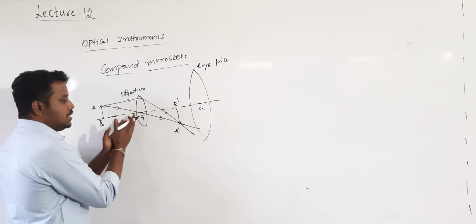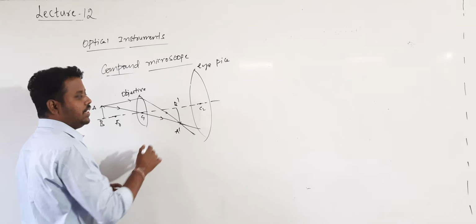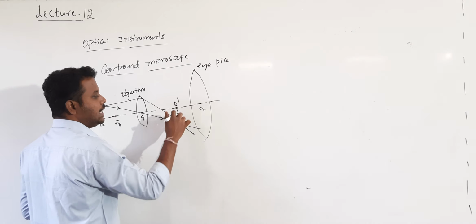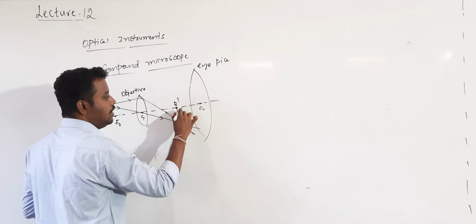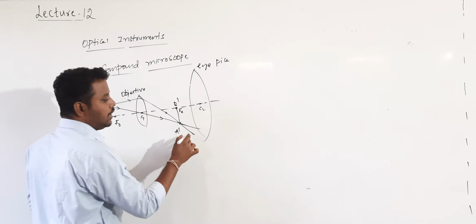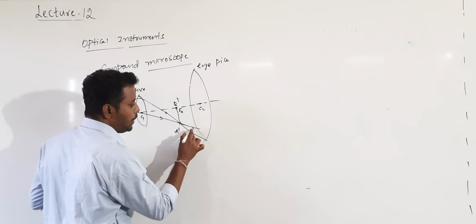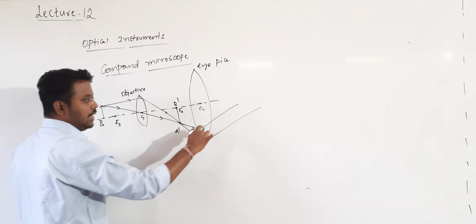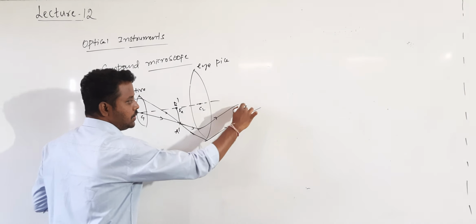If we adjust the distance between the objective lens and eyepiece in such a way that A dash B dash is formed exactly at the principal focus of the eyepiece, then what happens? Light rays will be incident on the eyepiece and refracted. These two refracted rays will never converge with each other.